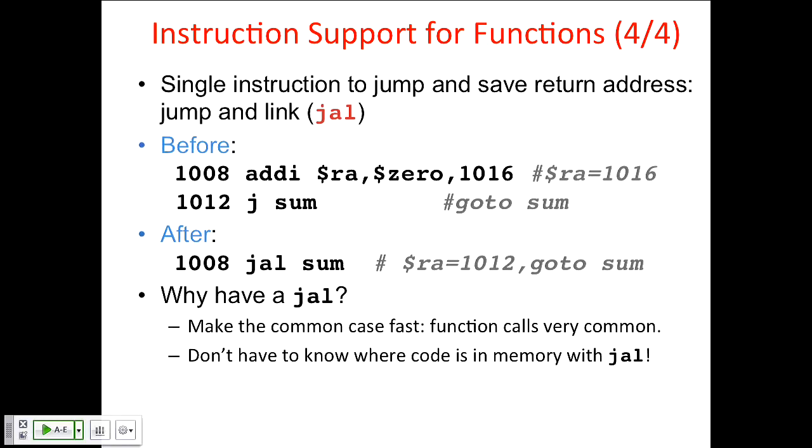And actually, this is the case I was saying where R31 is different. The return address register is different because it's implicitly targeted by this instruction. So jump and link jumps to the subroutine address, but writes the $RA register, which is register 31. It writes that with the return address, right? And the reason it's implicit is they wanted to save bits in those 32 bits.